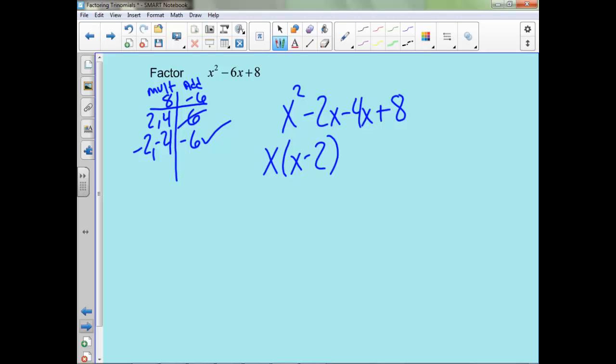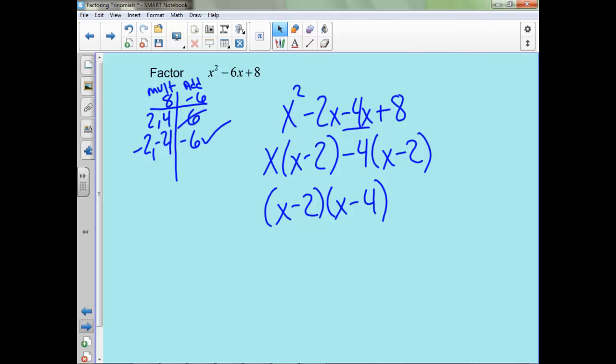And our GCF, let's take out a 4. And you can choose whether you want to take out a positive 4 or negative 4. Some people just go off of whatever this sign is and take that. So we can take out negative 4. So that's x minus 2, or that's x minus 2, x minus 4.